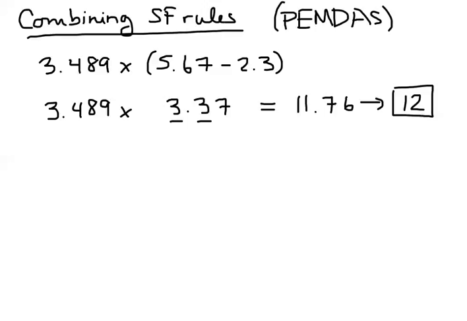So does everyone see why I stopped, reevaluated my significant figures, and then did the 3.489? We can do another one. Let's do the same one without the parentheses.